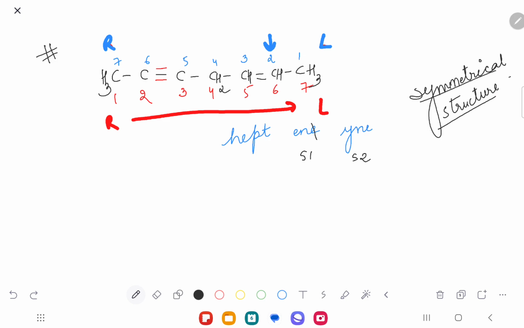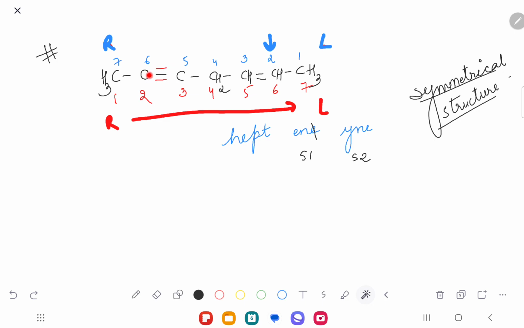And when you see the numbering from both the sides and you see that the double and the triple bonds, from both the sides, are starting at the same carbon, it is a symmetrical structure. Then for sure you understand that the properties are definitely shown by the triple bond. The properties are dominant for the triple bond.